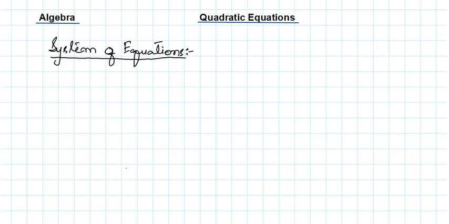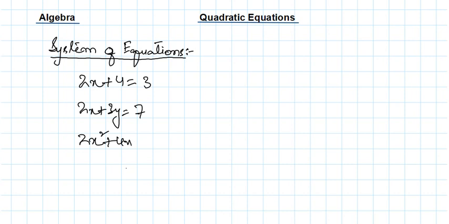We have done equations of this type: 2x plus 4 equals to 3. We have done equations of this type as well: 2x plus 3y is equal to 7. And we have done equations of this type as well: 2x square plus 4x minus 5 equals to 0.